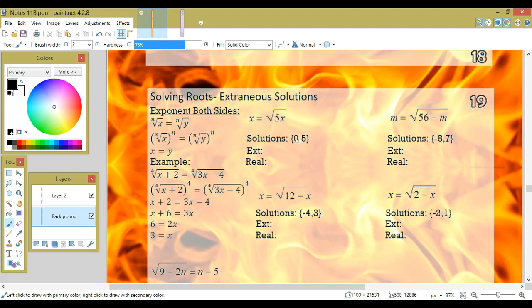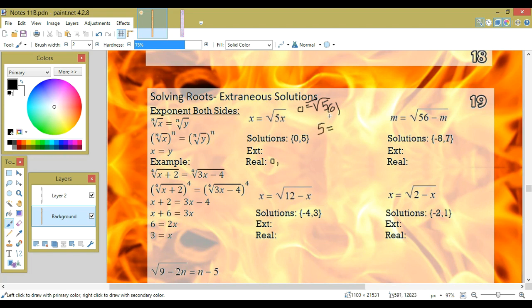Let's plug in these numbers for x and see if they are extraneous or they are real. Let's plug in x equals 0 first. So does 0 equal the square root of 5 times 0? Well, 0 equals 0, so that works. So that's a real number. Let's plug in the other x value, 5.